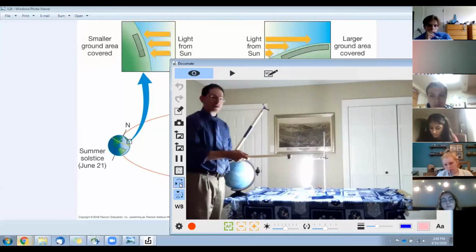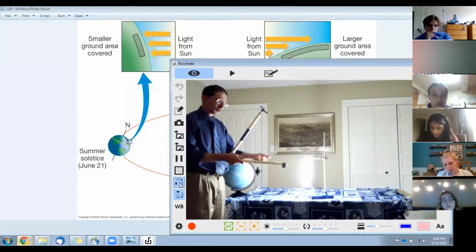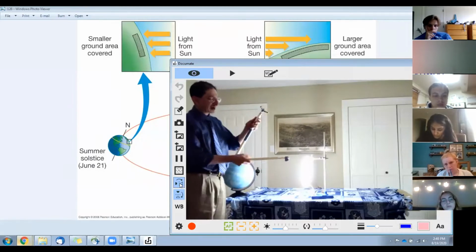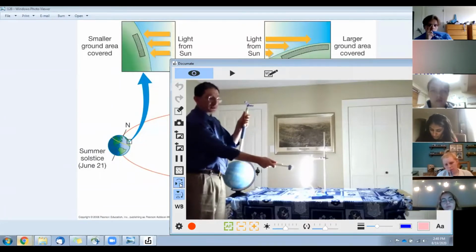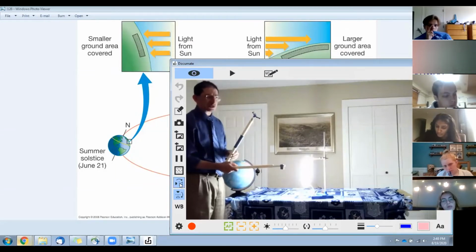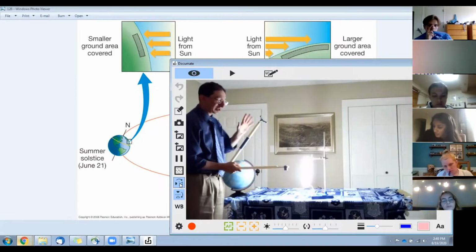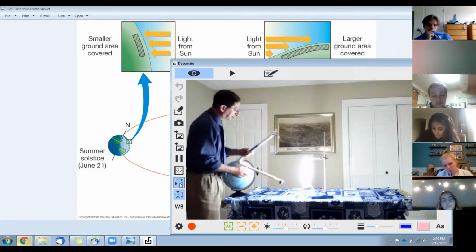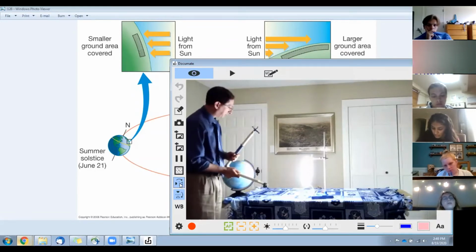This is how high the sun gets in the sky in North Carolina, midday, first day of summer. It's not directly overhead. That 90 degrees would be directly overhead. It gets pretty high in the sky. It's up to about 80 degrees. I think it's like 78 degrees for Chapel Hill. So it gets high in the sky, pretty direct illumination, straight down on us, but not directly overhead.